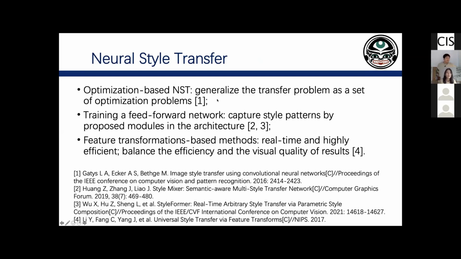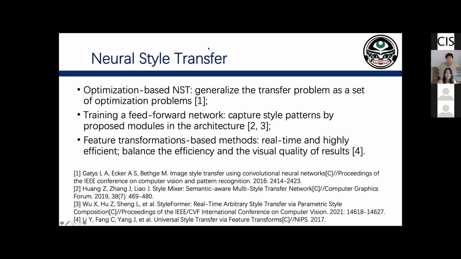This kind of method usually formulates the transfer problem as a set of optimization problems, and they usually minimize the statistics between the content image and style image, for example the content loss and style loss. However, this kind of architecture requires an optimization process whenever the content image or style image changes, so they are usually very inefficient.